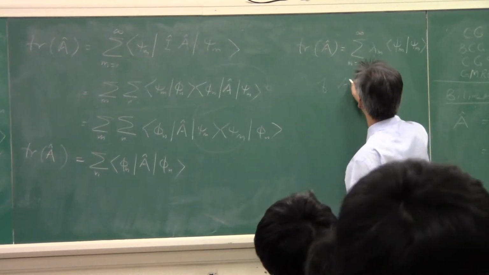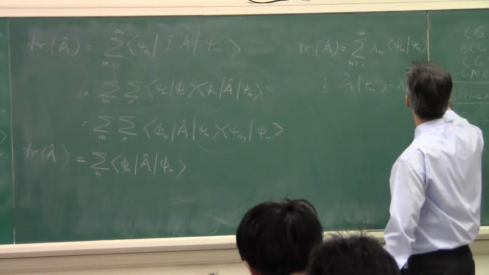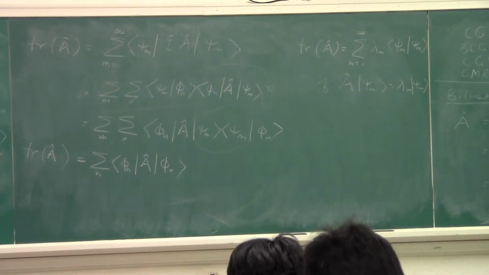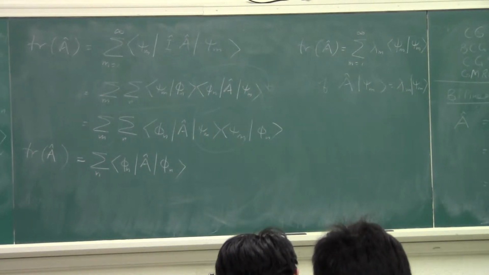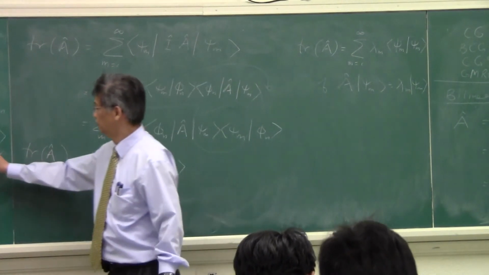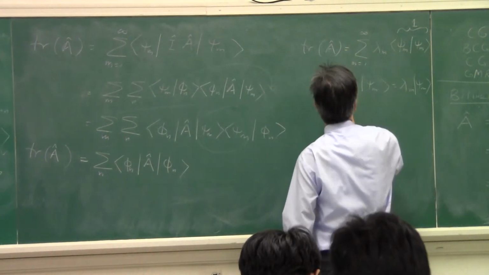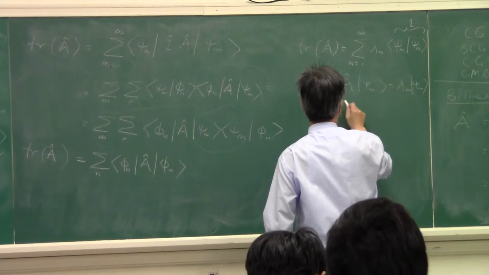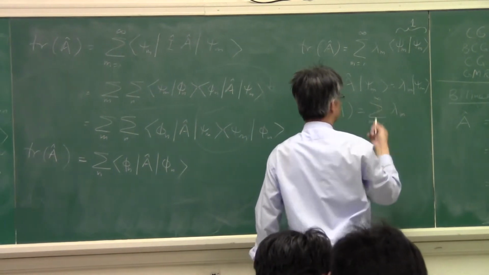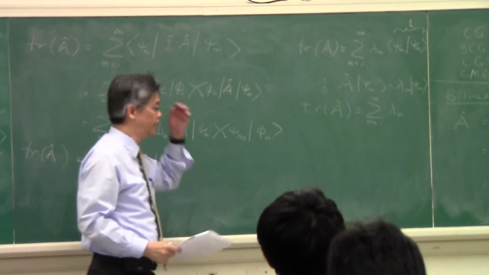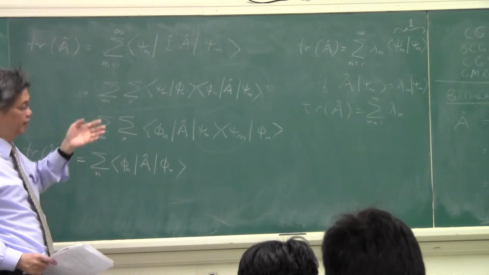If we have the property that this is true, you choose those to be eigenvectors of the operator A hat, and if you substitute that in there, you get that thing. And from this, you gather that this is 1, because these are orthonormal bases. So the trace of A is also equal to the sum of its eigenvalues.